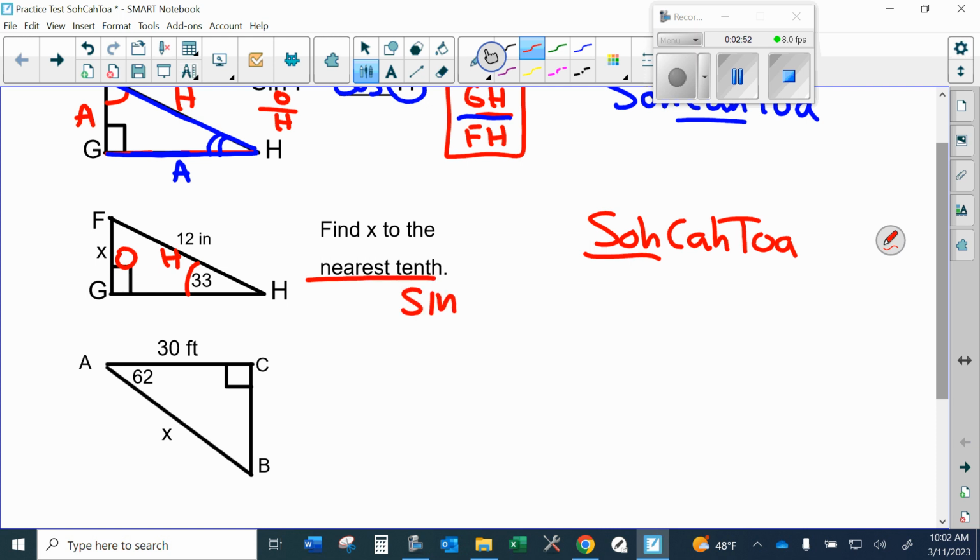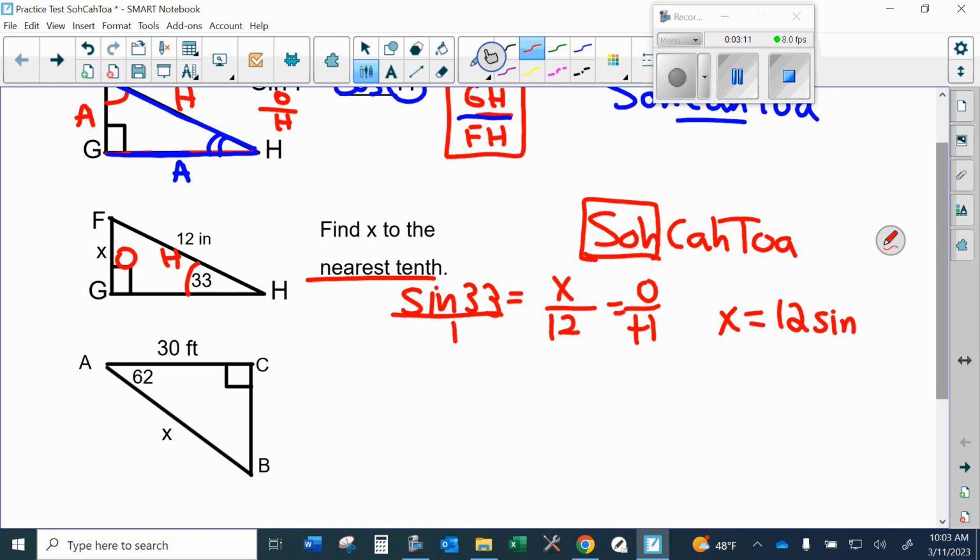So I have sine of 33. Remember, that's always given an angle measure, equals the opposite over the hypotenuse. If you need to write over H to deal with that, go ahead. Put over 1, cross multiply. So I get x equals 12 sine 33. And now that's the exact answer. Now what's the nearest tenth?